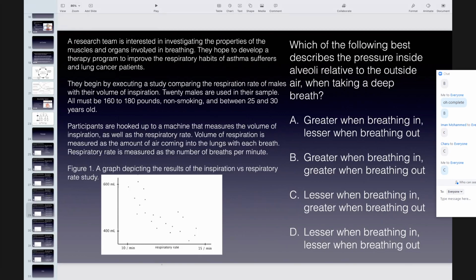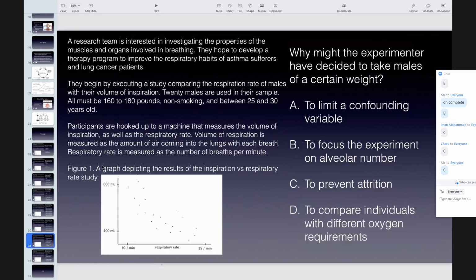All right, the way we actually breathe is by changing the pressure inside the thoracic cavity compared to the outside air. And so when we breathe in, a deep breath in, we need to decrease the pressure in our lungs. So when breathing in, we would need a lesser pressure. And when breathing out, we increase the pressure in our lungs to force the air out. So it is C, lesser pressure when breathing in, greater when breathing out. And then last question, why might this experimenter have decided to take males of a certain weight?